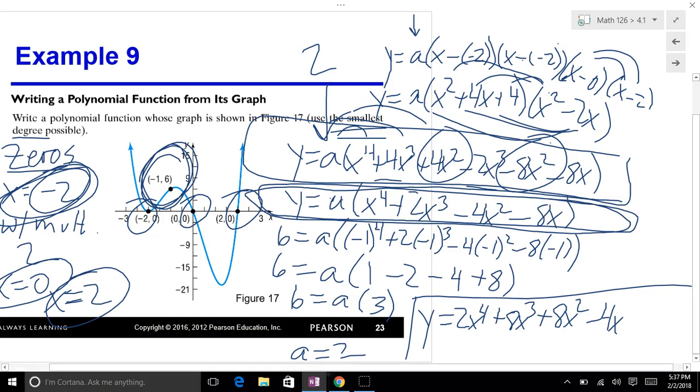So I got 2x to the 4th plus 4x cubed because I'm distributing the 2 through, minus 8x squared, and then I distribute the 2 through right there, minus 16x on the end. Sorry to make a mess of that. So that's the polynomial function.